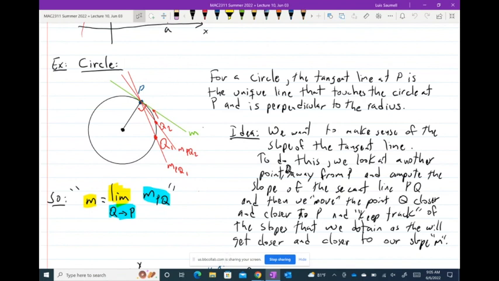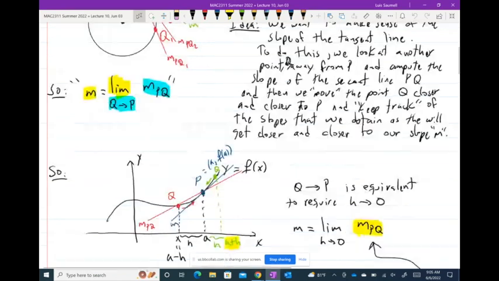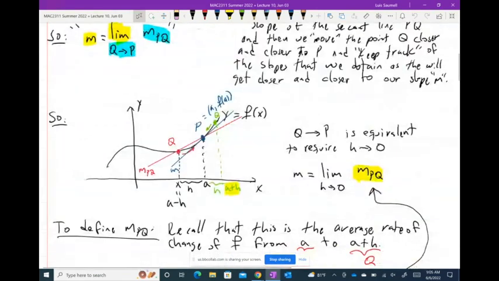But I could have done that from this side as well. Right? That's basically what I was saying here. I first started taking my Q here, and then we go towards P this way, exactly the same idea. But you could have started with Q up here, and then go towards P this way. And look at all the secant lines, they will all go to the blue line, regardless.